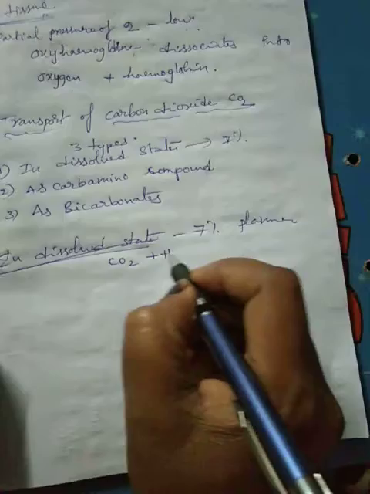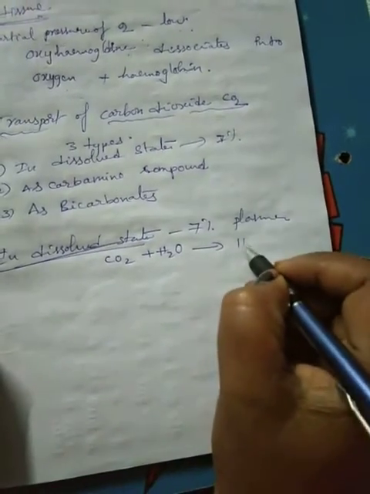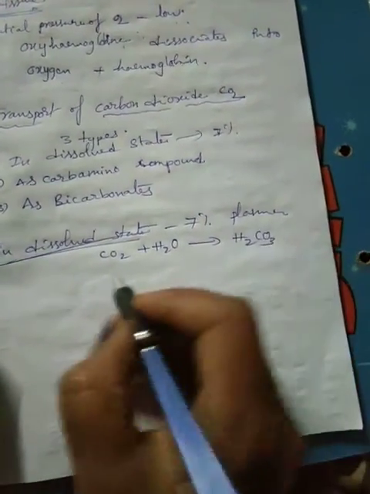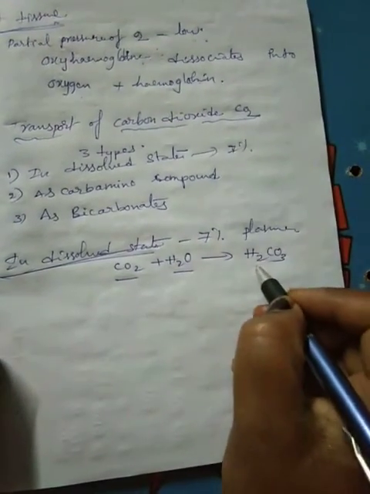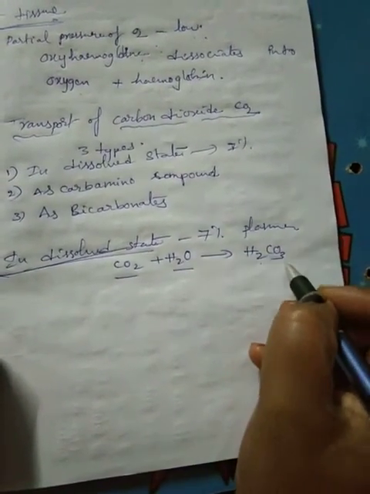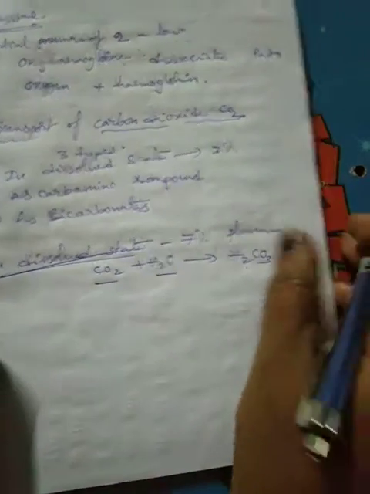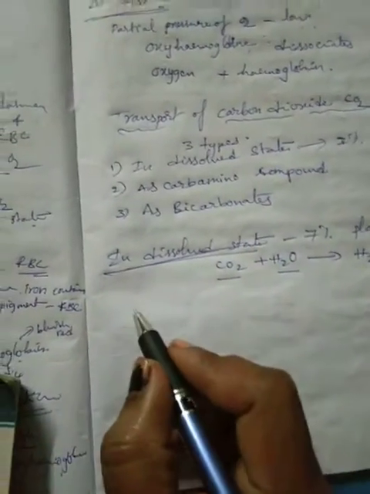CO2 plus H2O gives rise to H2CO3. CO2 plus water in dissolved state then forms H2CO3.